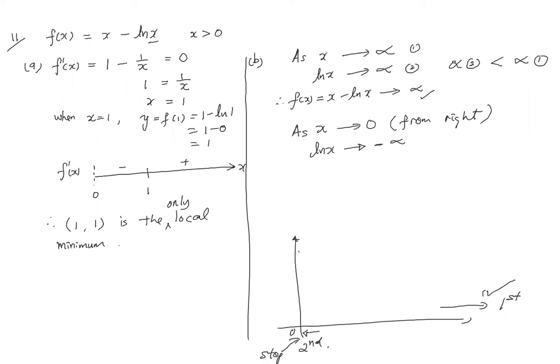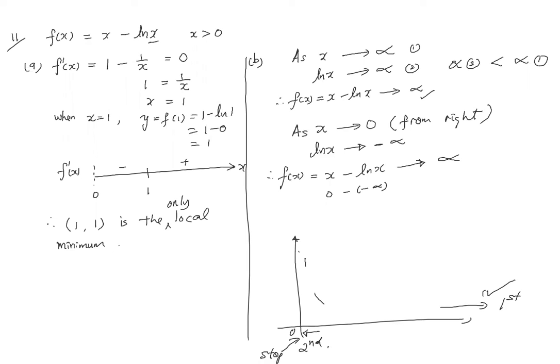So therefore, what happened to my f(x), which is x minus ln x? Will approach? Infinity. Yes, because this is 0, take away negative infinity, correct? So you approach infinity. So you will go like that.